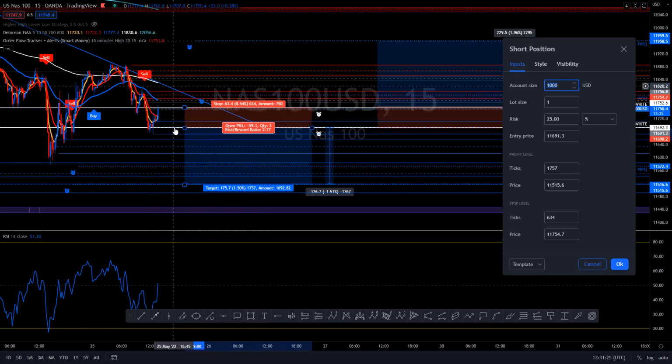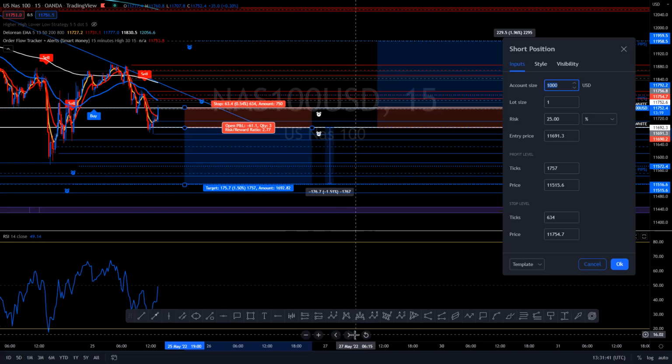Let's push it past, but see, it's kind of that wick. Probably knocking out those retail traders, maybe. I'll wait for the next candle, see what happens.